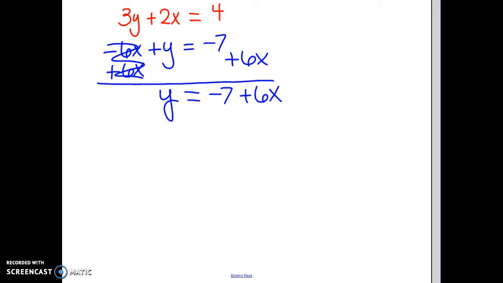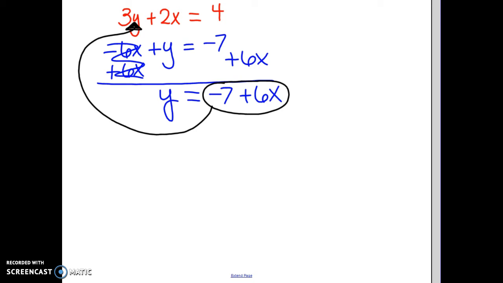So I know that y is exactly the same as negative 7 plus 6x. So I am going to replace y in my top equation with the negative 7 plus 6x. It's going to go right in here. I keep the 3, but I'm going to replace the y.